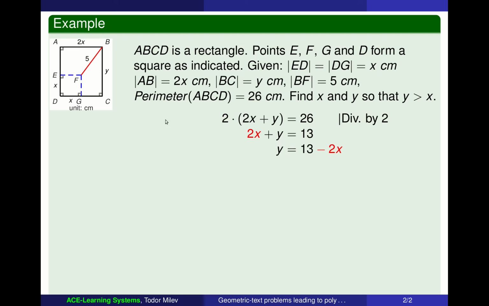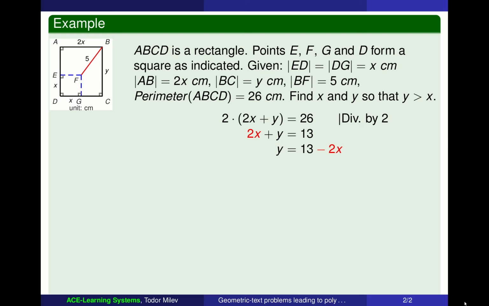I can take 2x and transfer it to the right hand side, where it acquires a minus, and I'm left with y equal to 13 minus 2x. In this way, I have managed to eliminate the variable y in favor of the variable x. So every time now I see the variable y, I can simply replace it with 13 minus 2x.